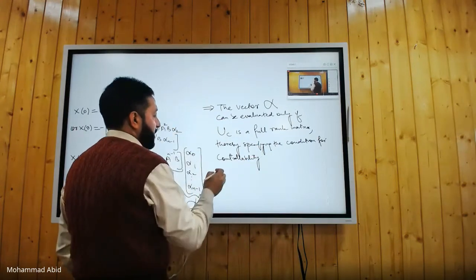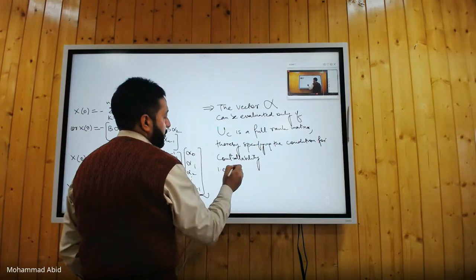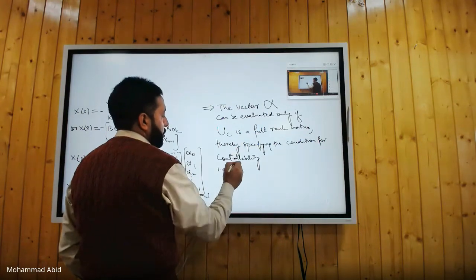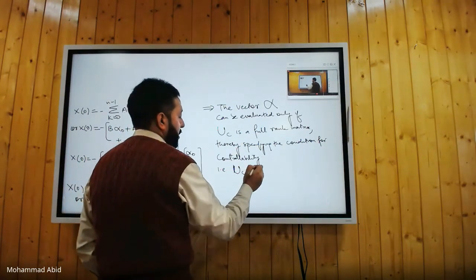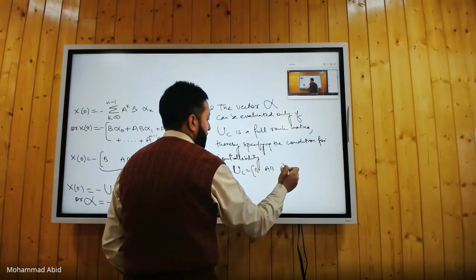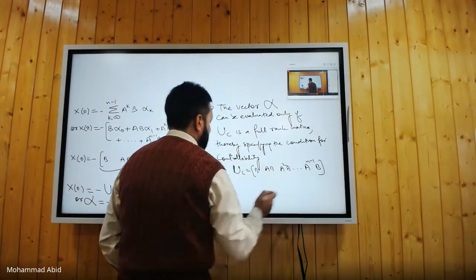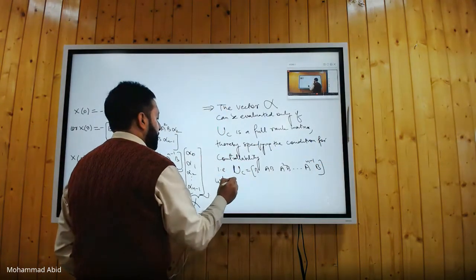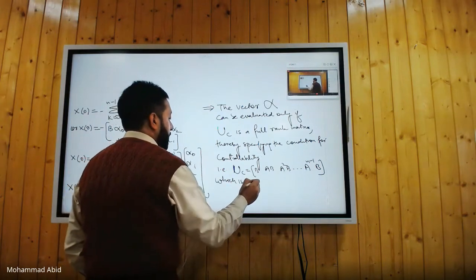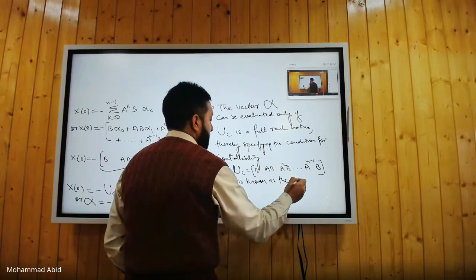So that means UC is equal to B, AB, A square B, and so on up to A to the power n minus 1 B, which is known as the controllability matrix.